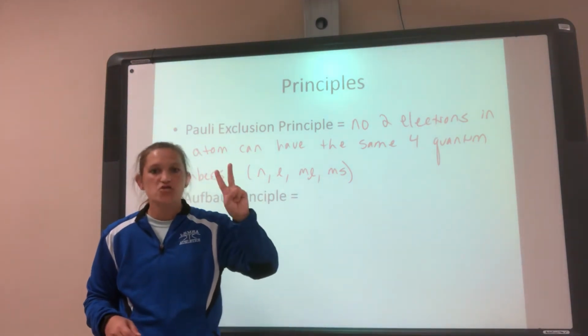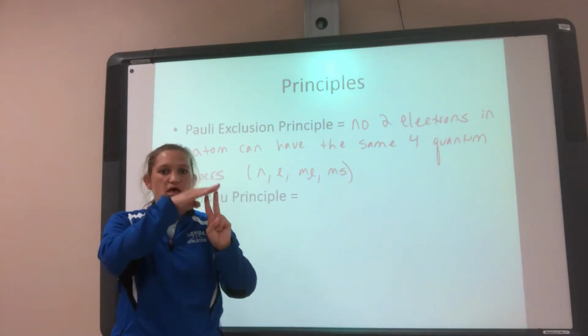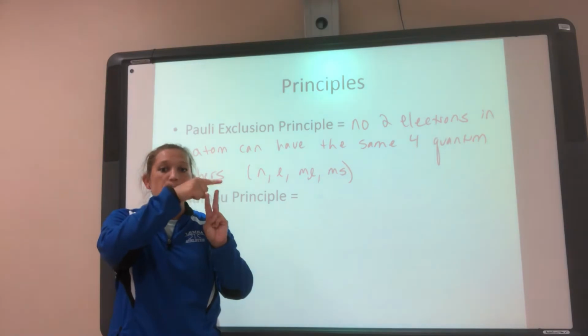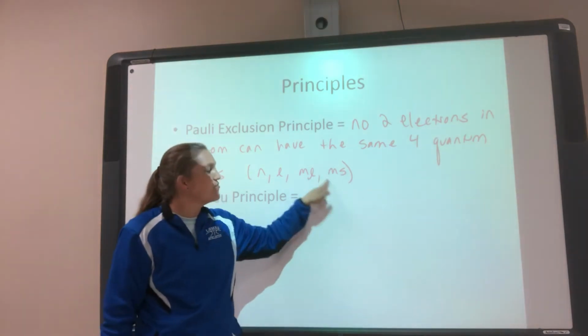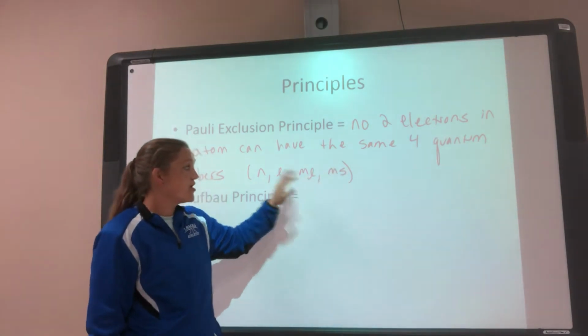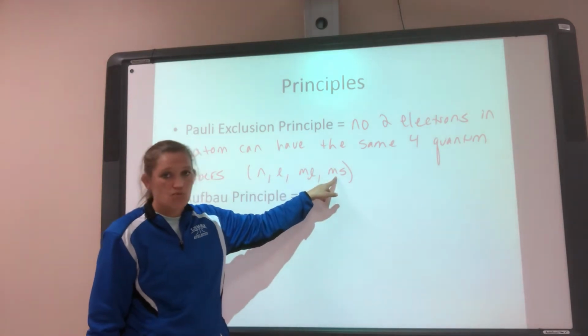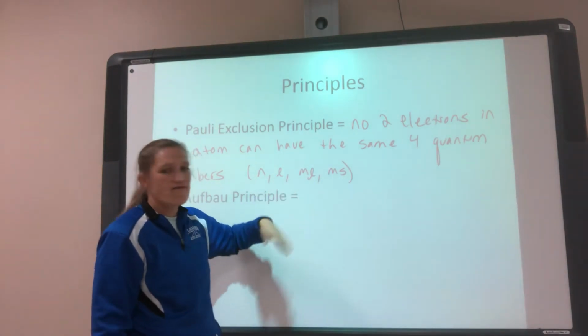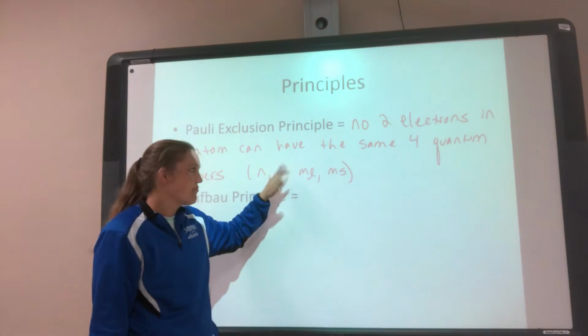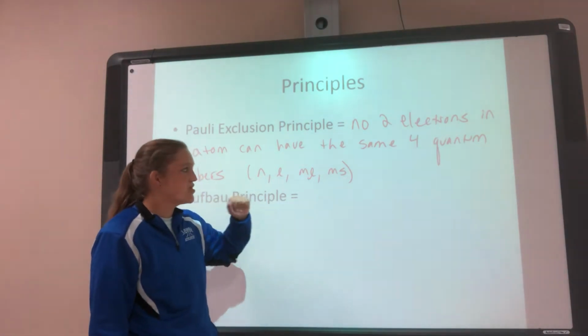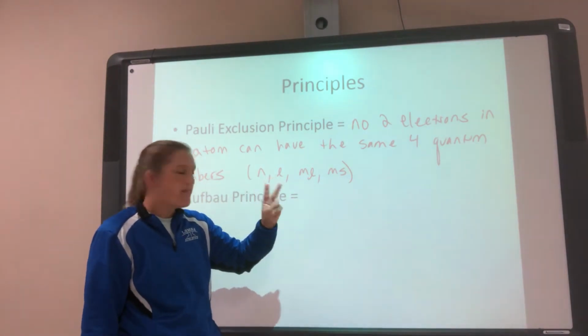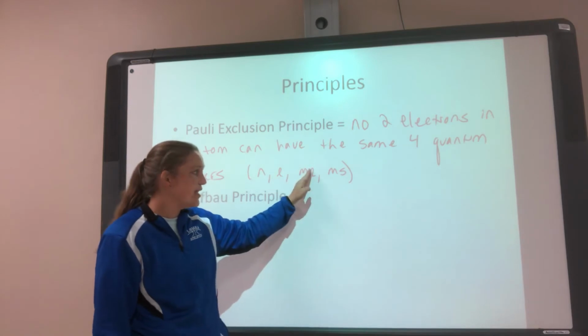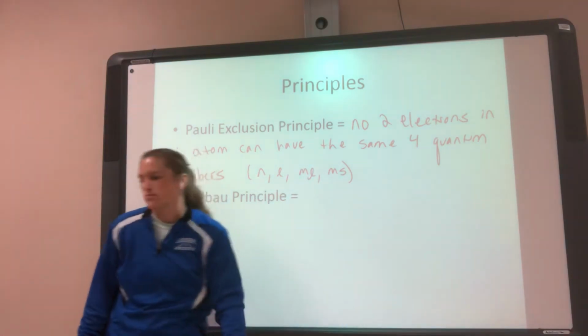So if there's 2 electrons in an orbital, the n's are the same, the l's are the same, the ml's are the same, but one would be a plus 1/2, one would be a minus 1/2. So this one would be different. So we could have all the same except the last one, or we could have none the same. But that's usually where people get a little confused, because if there are 2 electrons in an orbital, they have the same 3 beginning quantum numbers, but not the ms.